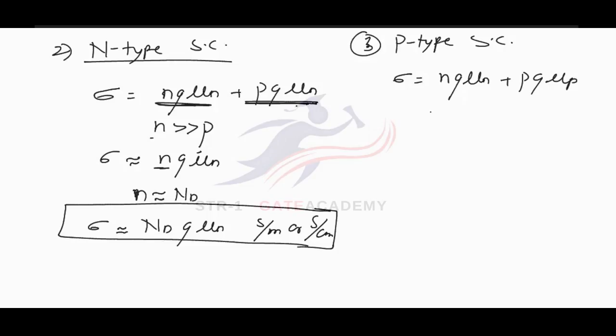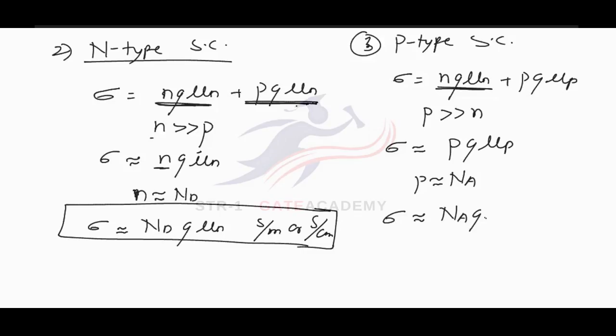But in p-type semiconductor, the hole concentration is very much greater than electron concentration, so I can neglect this part of conductivity due to electrons, and conductivity can be written as sigma is nearly equal to p q mu p. And in p-type semiconductor, p is nearly equal to Na, and conductivity sigma is nearly equal to Na into q into mu p. These are the conductivity equations for n-type and p-type semiconductor.